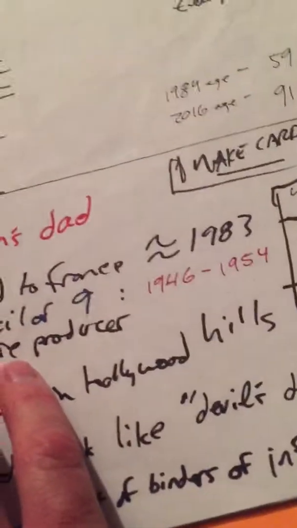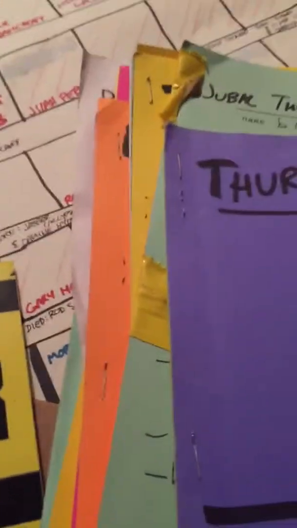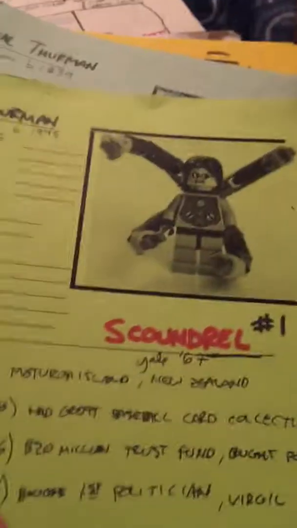His best friend is a guy named Preston. He's got all his information, where he lives, what he did. Girlfriend Cicada. Roy Thurman's the main antagonist. See that? That's his little bio.